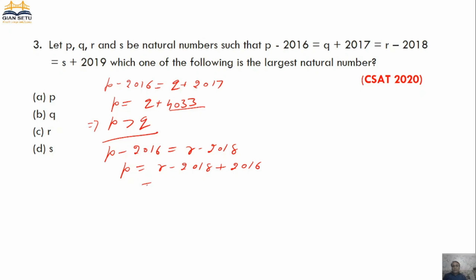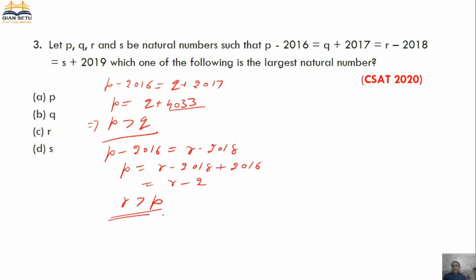It will give us R minus 2. That means R is greater than P, because when we decrease R by 2 then it will be equal to P. So here R is greater than P.